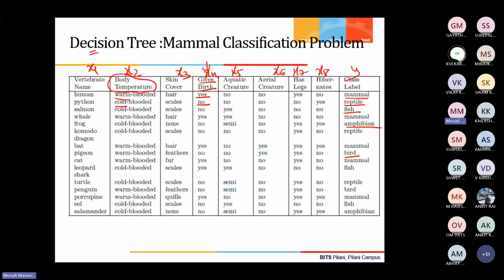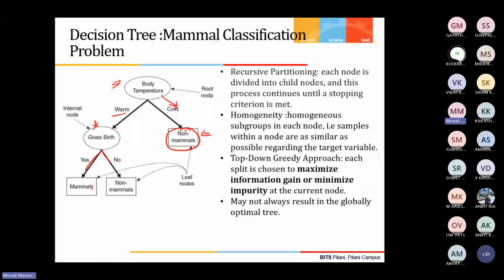Although here we have so many classes, we have converted this into just a two-class problem, mammal and non-mammal. That depends upon your problem objective. Of all the classes here, my interest is only to identify mammal and non-mammal. So that's what I have done. So we have these three leaf nodes.